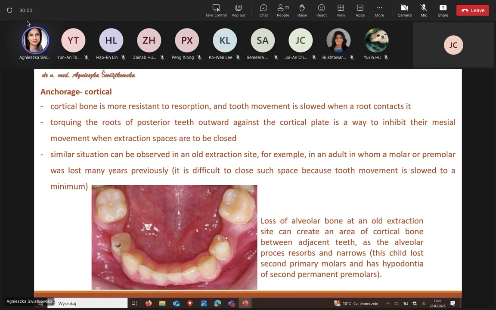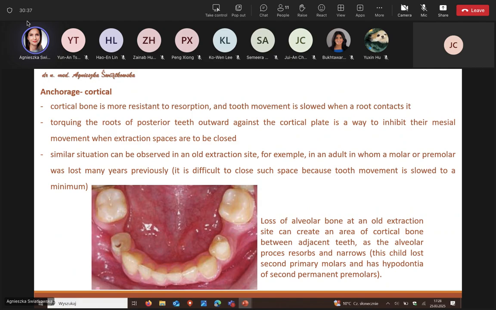The cortical bone is here, and between them the bone which filled this space is resorbed. So it's very difficult to bring this tooth through this very, very narrow cortical bone. So it will be a kind of anchorage, and sometimes it's a good situation for us to have this kind of anchorage.